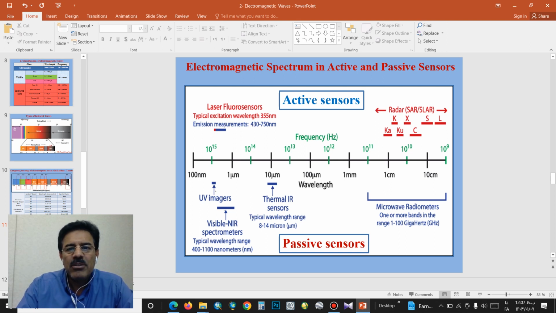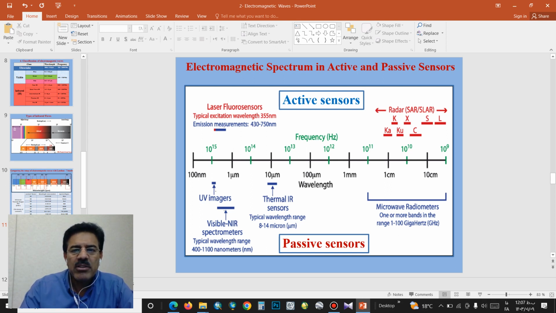Electromagnetic spectrum in active and passive sensor. The lower part is passive sensor and the top is active sensor. Passive sensor includes UV or ultraviolet region, visible to NIR, near infrared, and TIR or thermal infrared, and microwave.